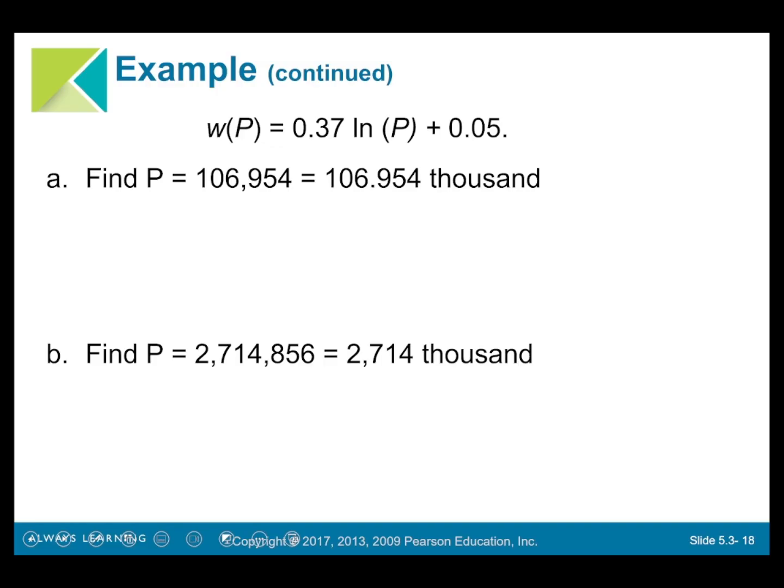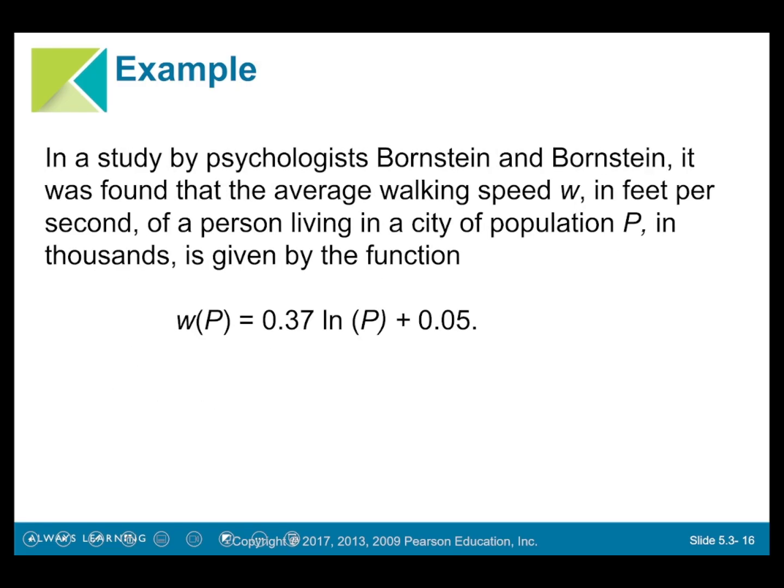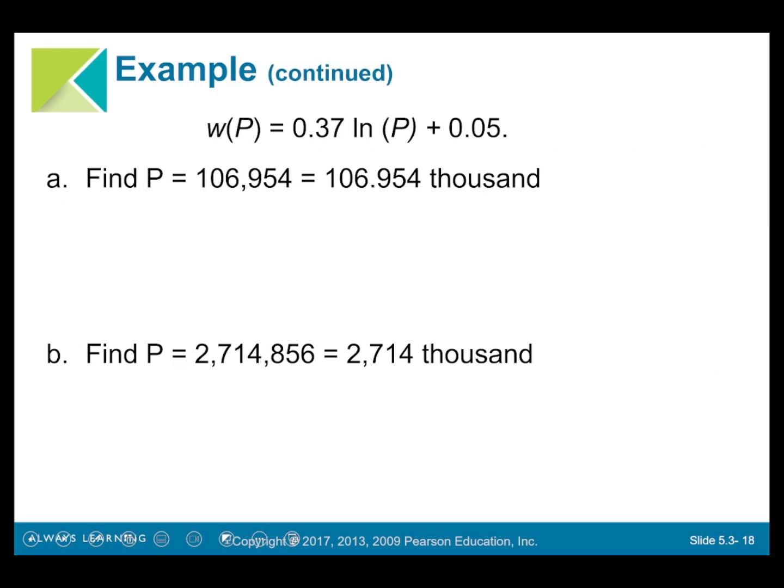First off, we want to find when P equals 106,954. See, the problem was given in terms of the thousands, right? So if I go back, a person living in a city of population P in thousands, which means I don't want to plug in 106,000.